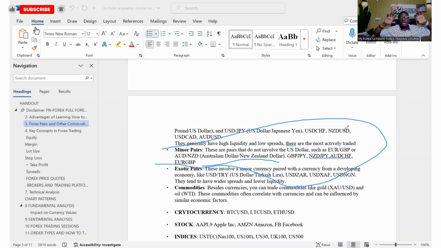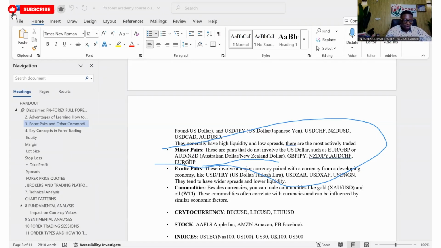That gives us the 28 currency pairs. But aside from that, we also have the exotic pair. What makes that different? The exotic pair is simply currencies of developed countries paired with currencies of developing countries.